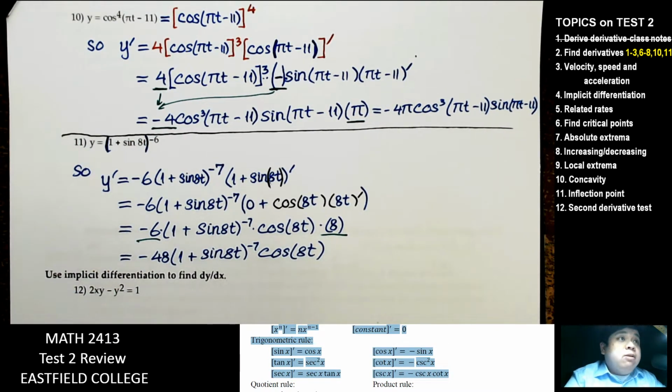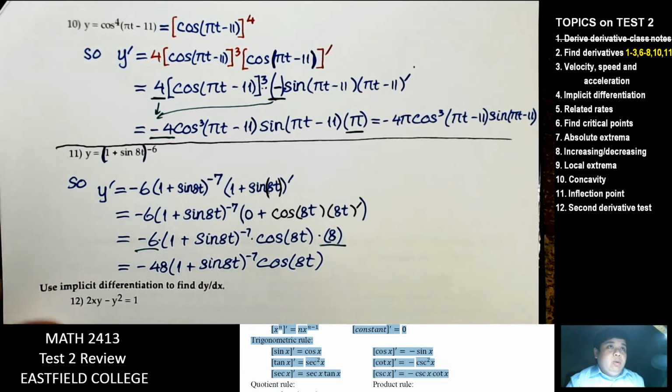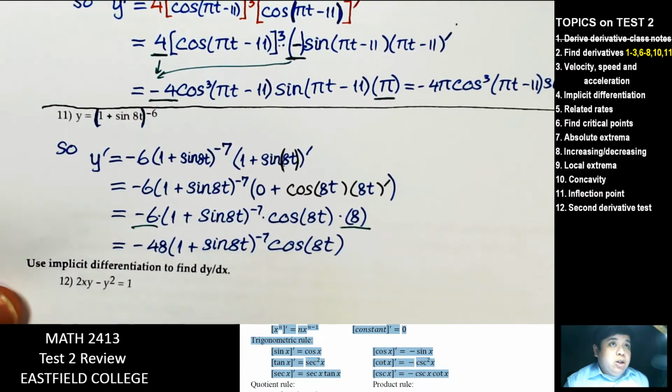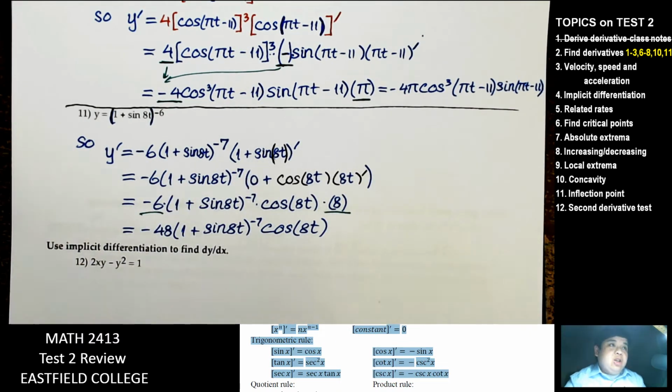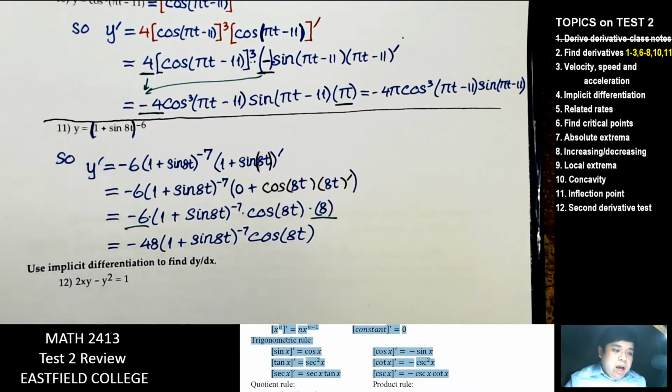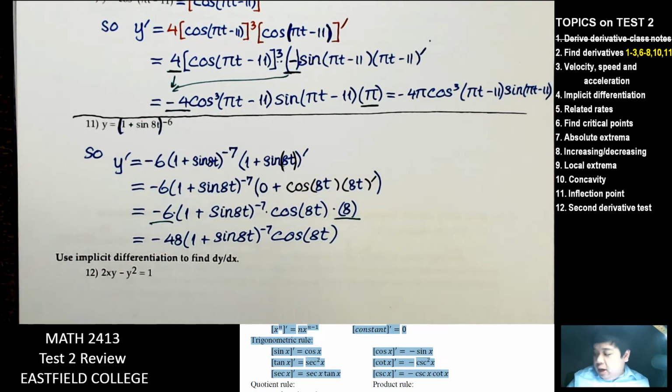And that's what we have. Again, for this derivative we have to use the chain rule twice, a chain rule inside the chain rule. Right, so that's all for the derivatives, the main topic for this test.